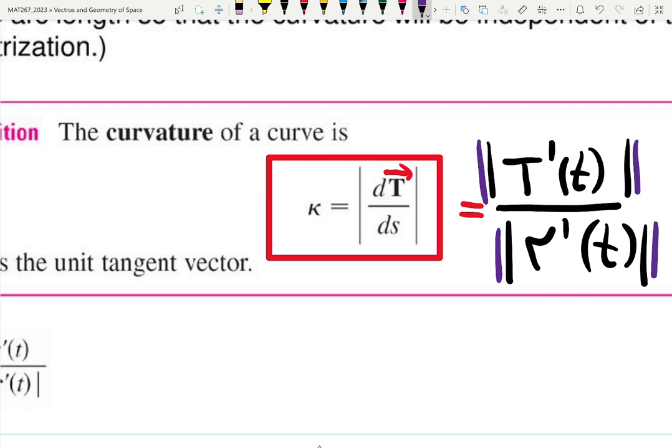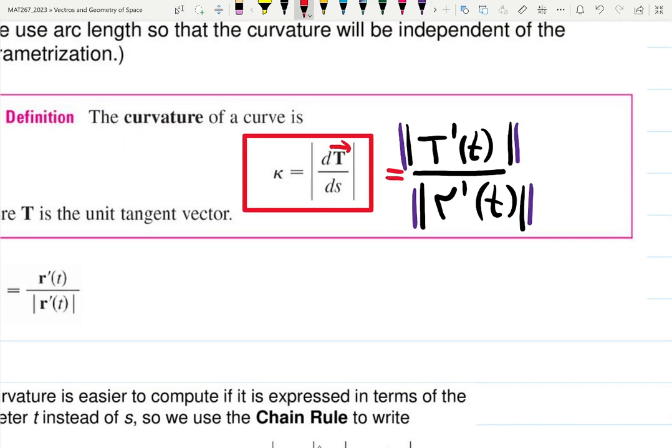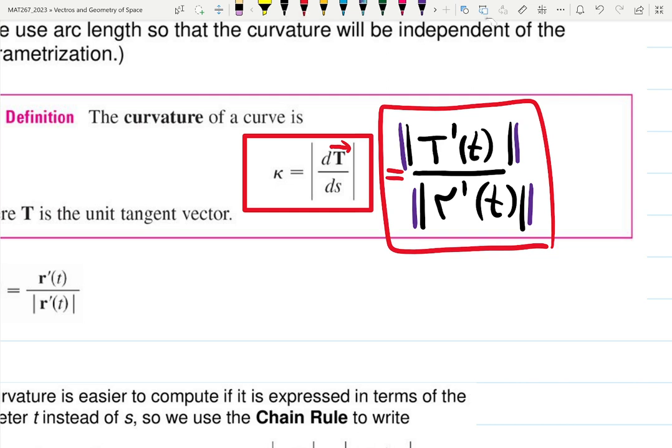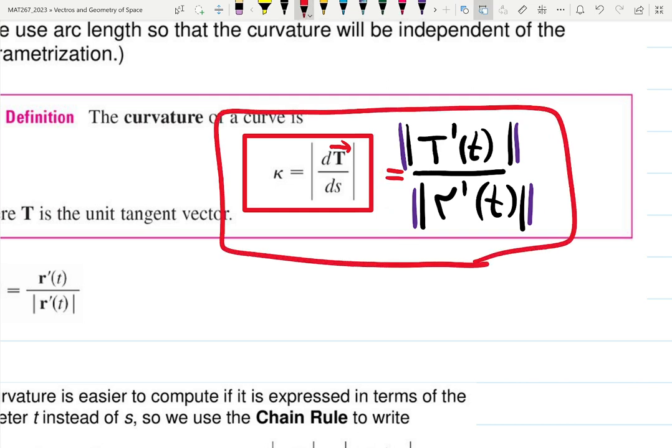Let's practice that. And then we will have more formulas also coming from there. So let me show you. Put this in one more box, like so. Boxing, putting your answers and formulas in boxes is very nice because then you can find them easily in your notes.